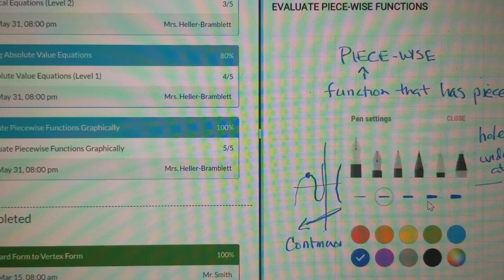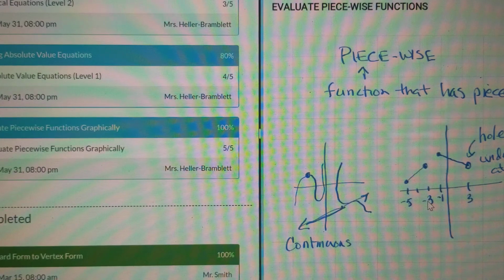Now, just to make it a little crazier, this function could start again down here and go to 5, and it would have a solid dot down here at 3.